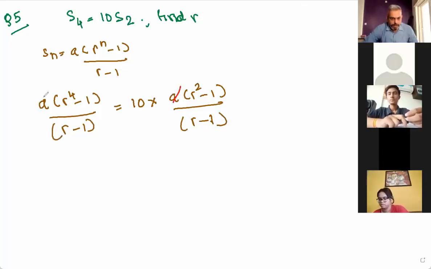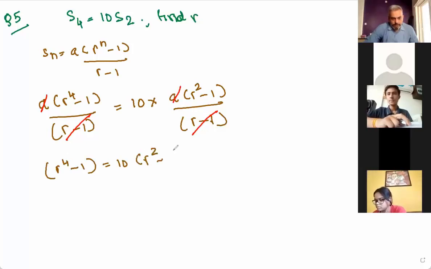Now A cancels, R minus 1, R minus 1 cancel. What we are left with, R raised to 4 minus 1 is equal to 10 into R square minus 1.